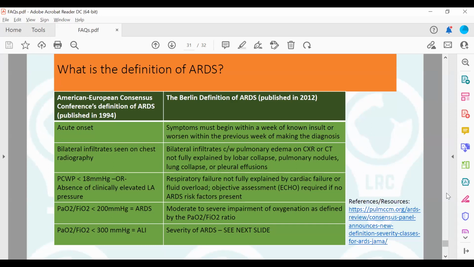If during 7 days, just 1 week, a patient had an insult, maybe a chest contusion, anything like an insult of his or her lungs within 1 week, there should be an insult. That's one.